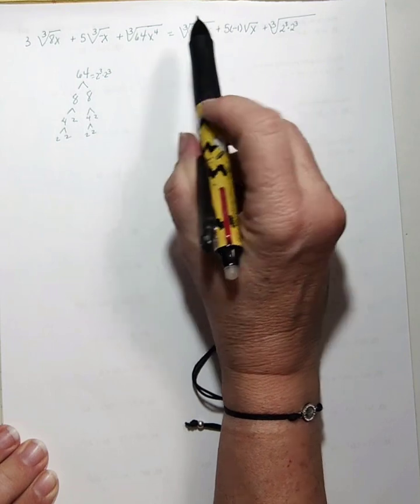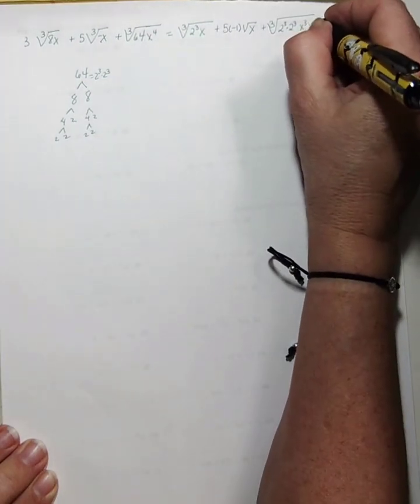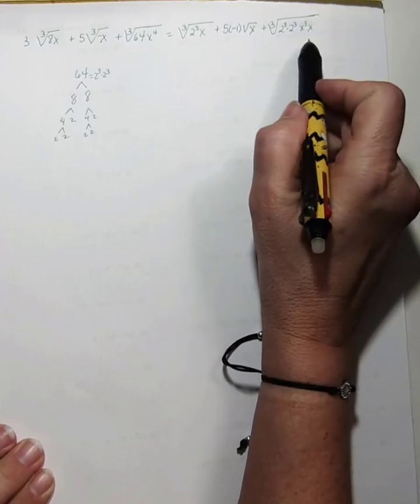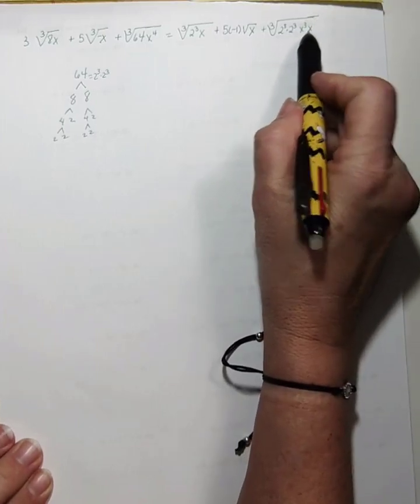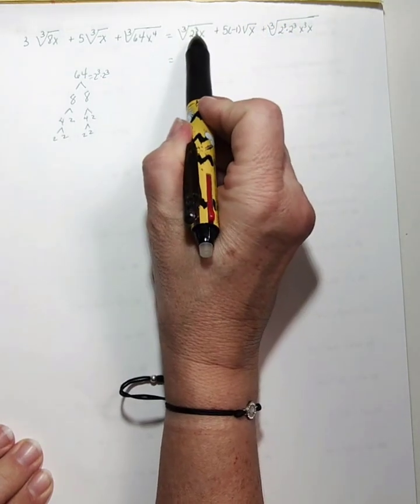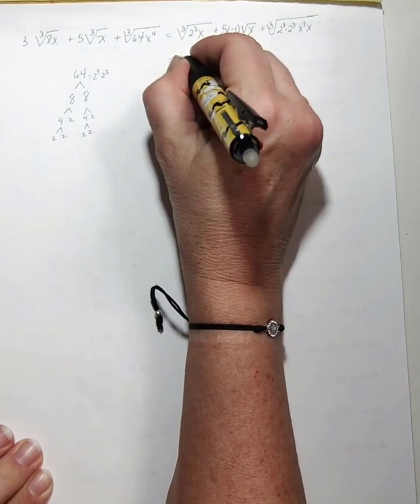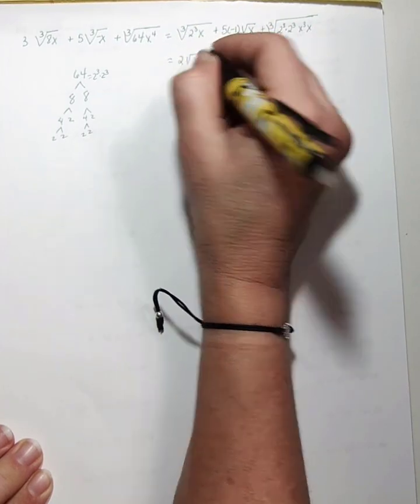And then I have x to the fourth. I could break that up as x cubed with the remaining x inside. So I pull out everything that has the same power as the root that I have. That means I can pull out a 2, and inside I'd be left with an x.